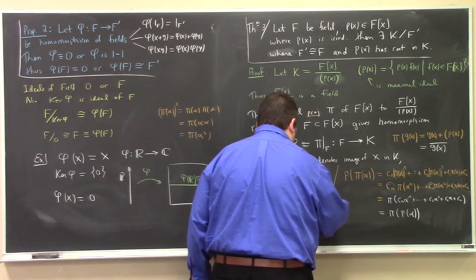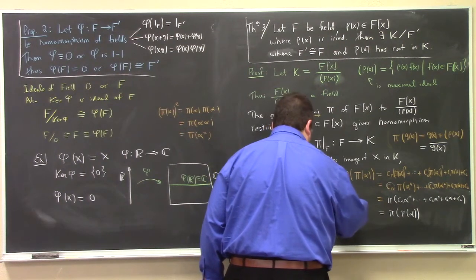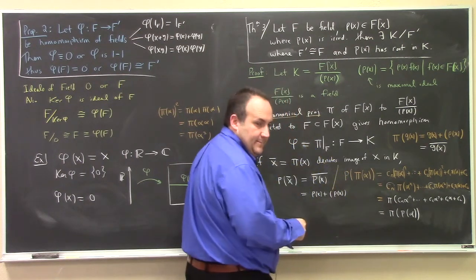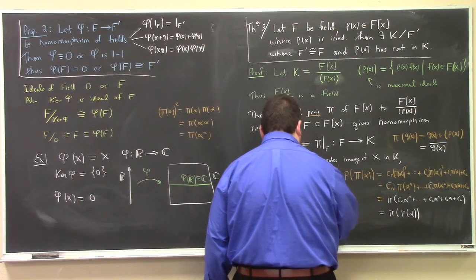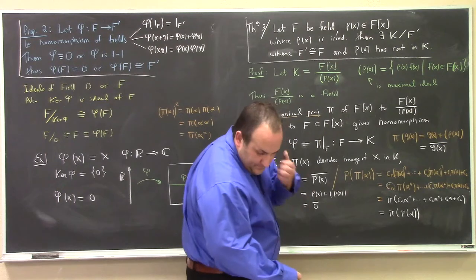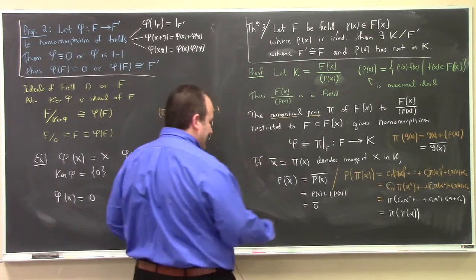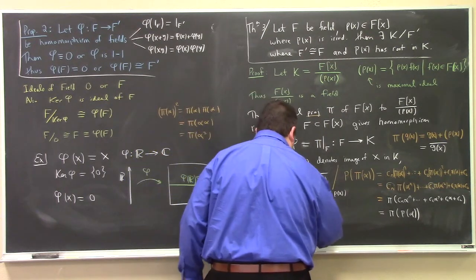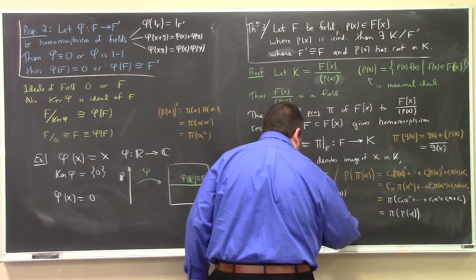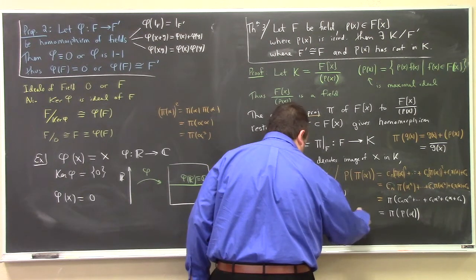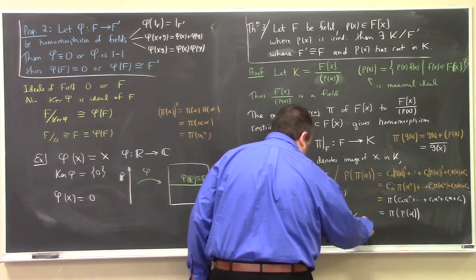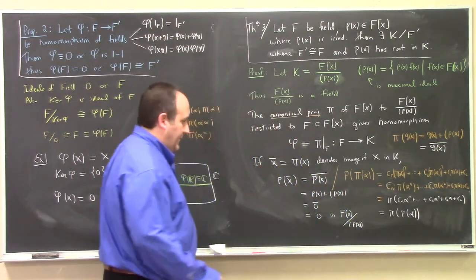P of x plus the ideal generated by P of x, right? Which is, of course, 0. Or he just says it's 0 in F of x mod P of x.